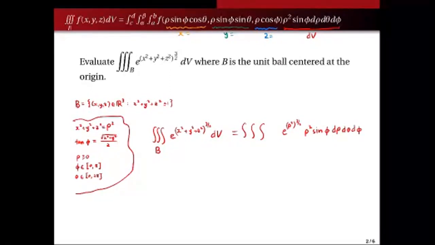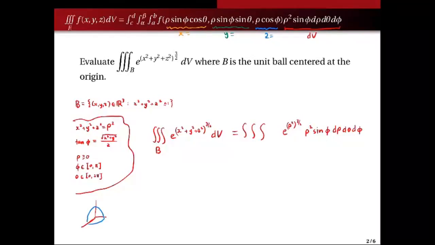Now, how do we choose the limits of integration for the triple integral? We are on the ball centered at the origin. So let me just draw part of the ball here.